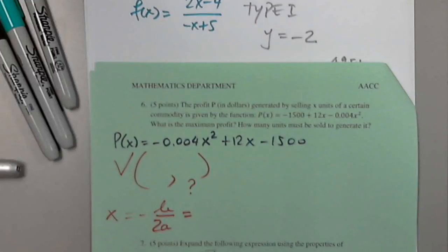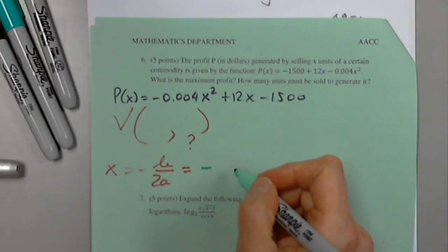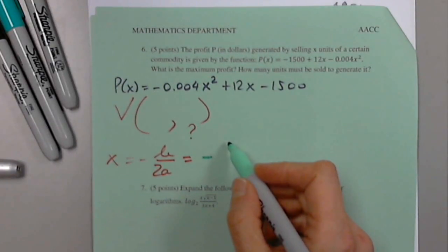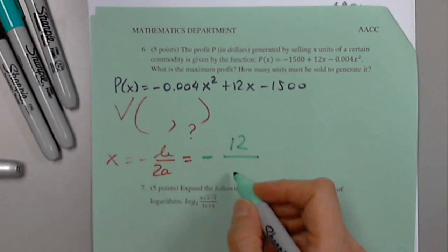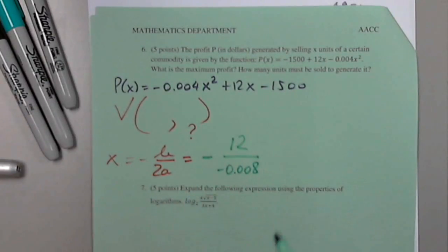Good. So now what? Negative 0.008. Good. So now what?